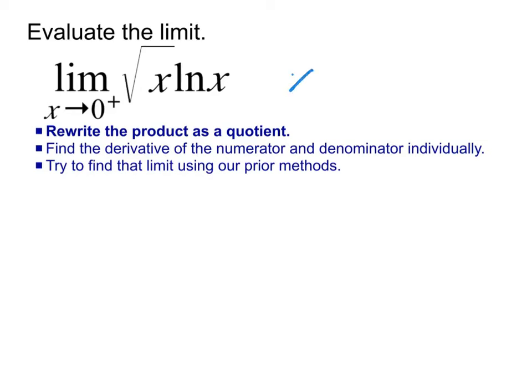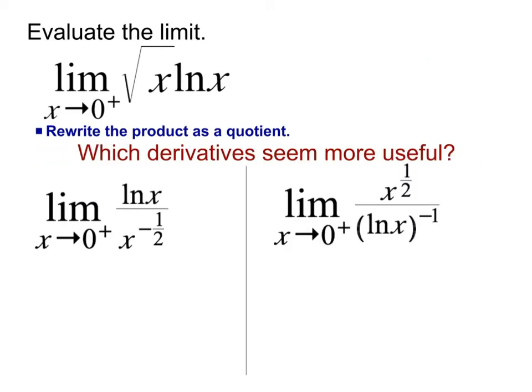Remember that anything to the power of a negative exponent equals 1 over that same thing. And so basically I'm going to be using negative exponents in order to be able to turn one of those into the bottom of the fraction. All right, well, let's take a look and see which way we want to do that. And we need to figure out which of these two would be the most useful.